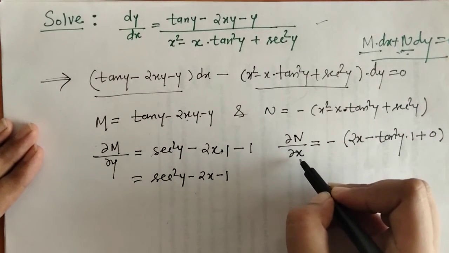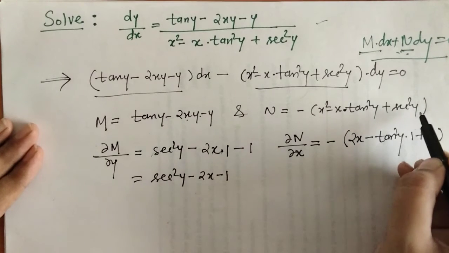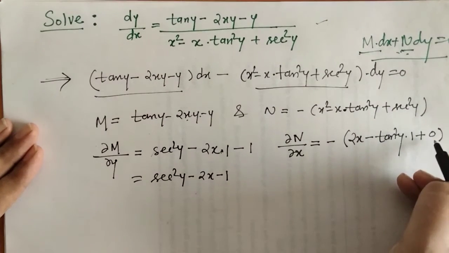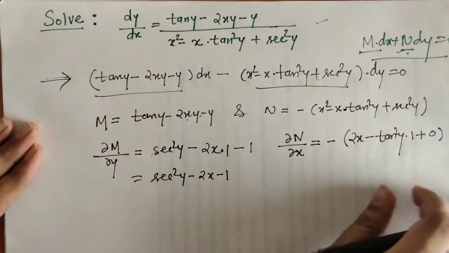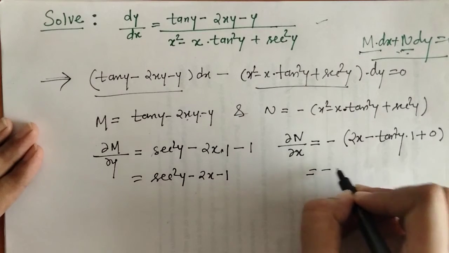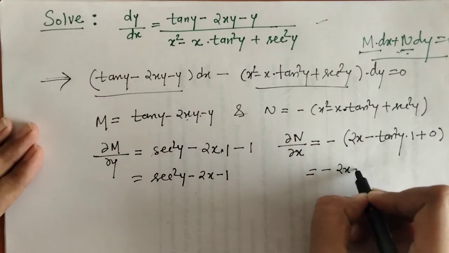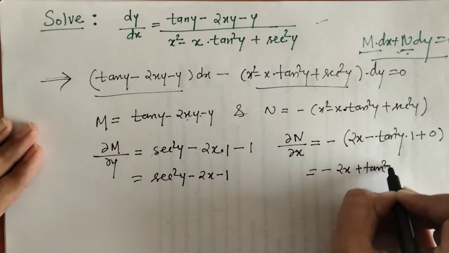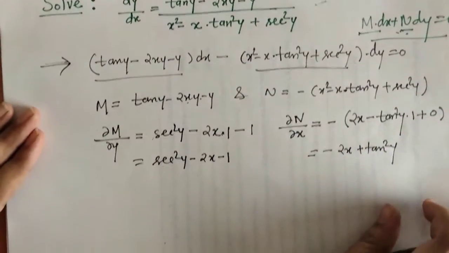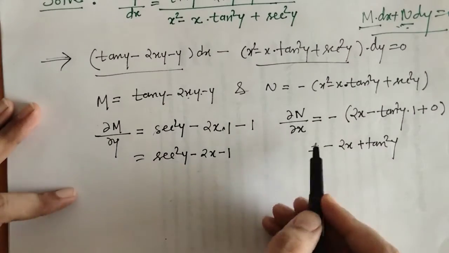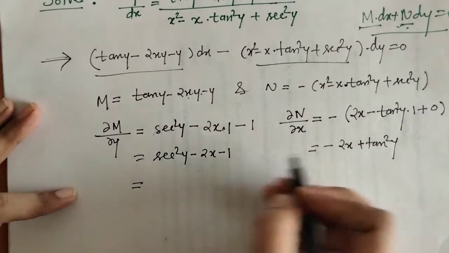In this differentiation with respect to x, y is a constant, so the derivative of sec square y with respect to x is 0. So what is its simplification? This is minus twice x plus tan square y, right? Now we have to check whether we got these two values equal.